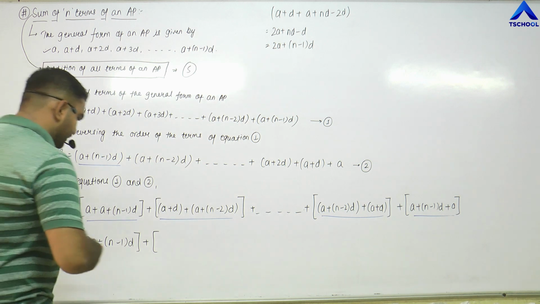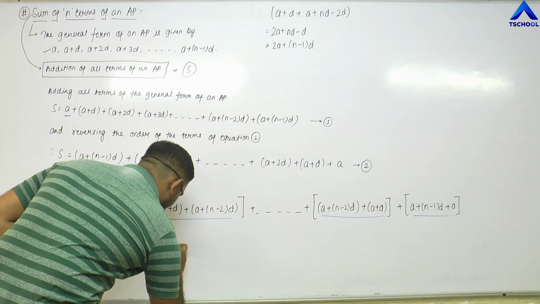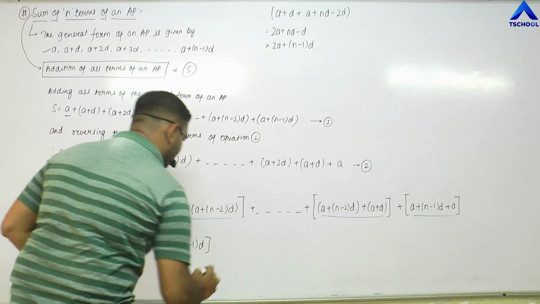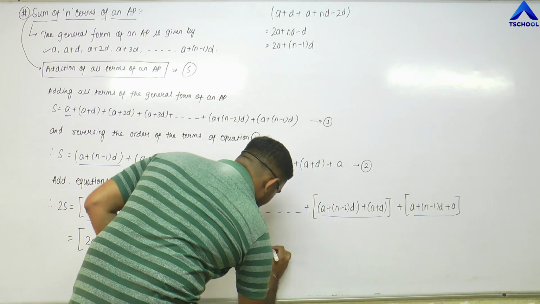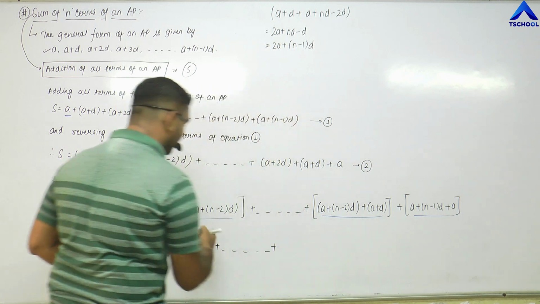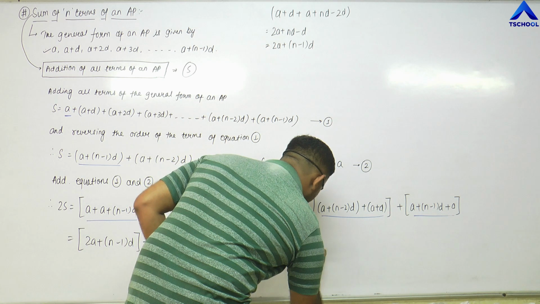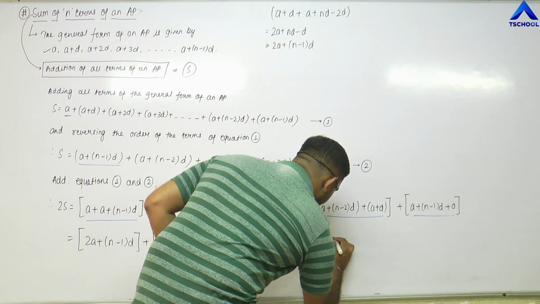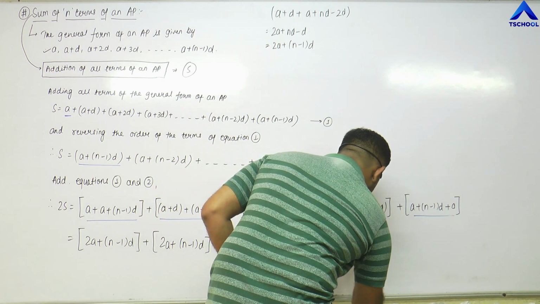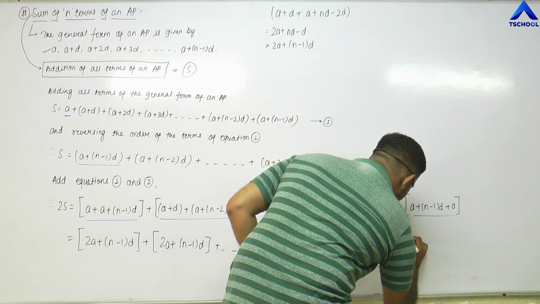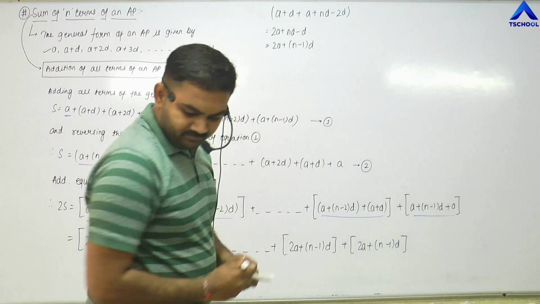So again in this bracket also it will be 2a plus n minus 1 into d, plus up to, this term is exactly same as this one, so the answer will be same, that is 2a plus n minus 1d, and the last term is same as the first term, that is again 2a plus n minus 1 into d, right?